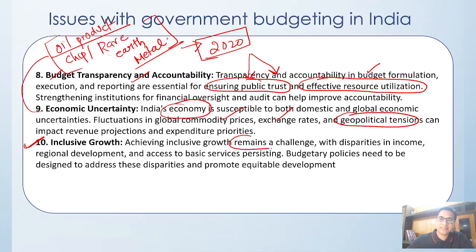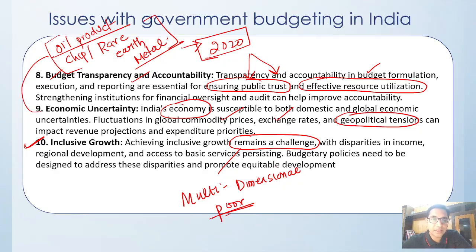It is still remaining a challenge. Still a huge amount of the population is below the poverty line, and most of them are multi-dimensionally poor, right? So there are huge disparities in incomes.